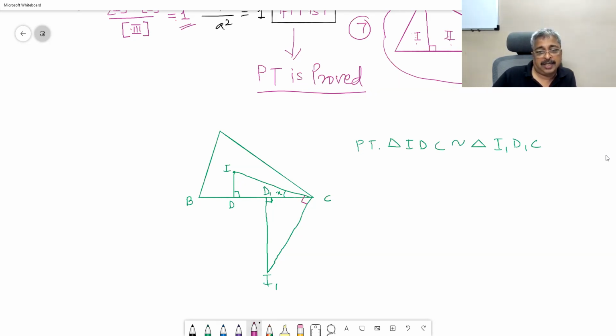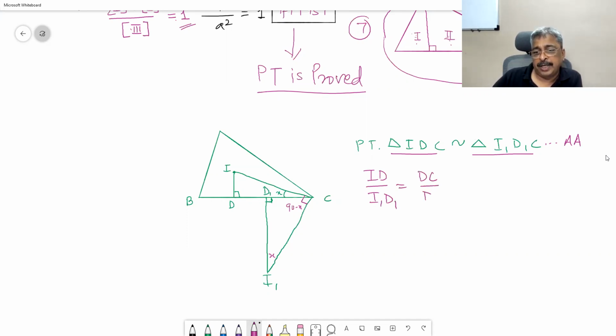The angle between the internal angle bisector and the external angle bisector is 90. Therefore, this is 90 minus X. And this is 90, therefore this is X. Therefore, by AA, these two triangles are similar. Therefore, ID upon I1D1 is equal to DC upon D1C is equal to IC upon I1C.